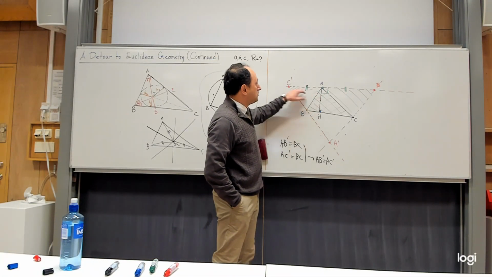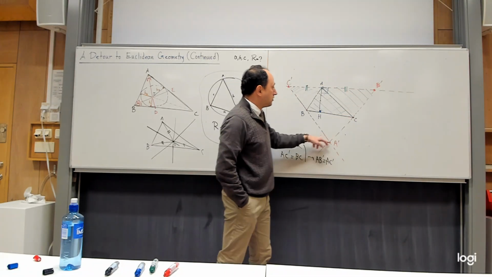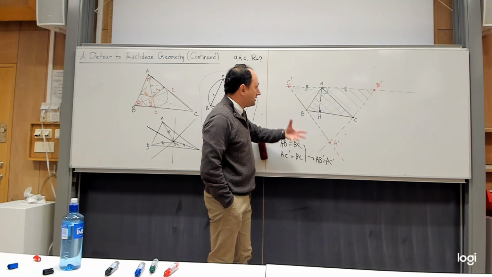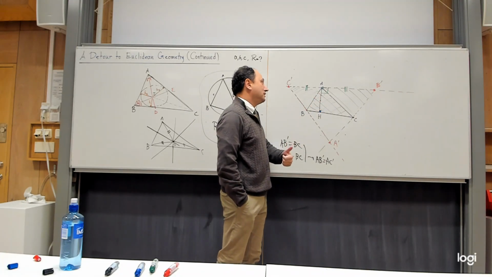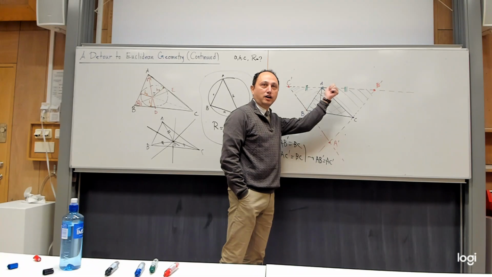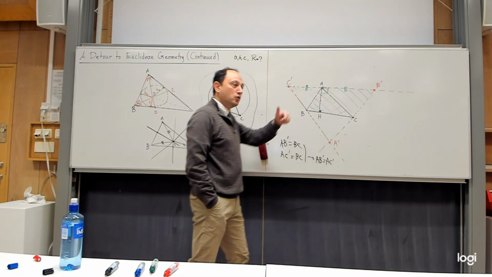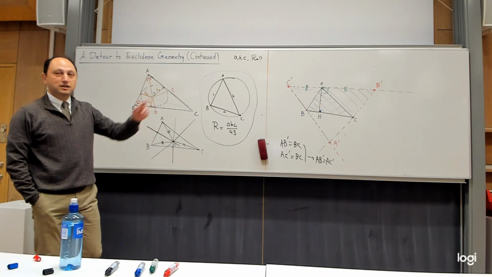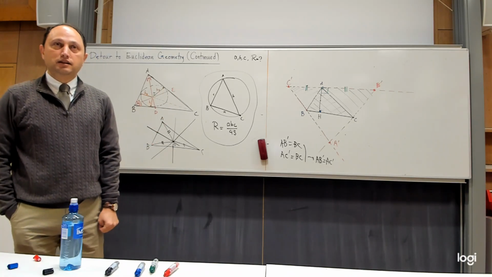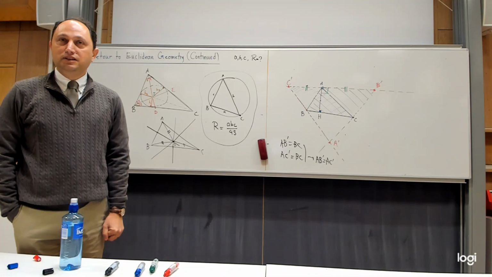So by being creative, we draw this one, and then we showed that any height of my triangle is a perpendicular bisector of the bigger triangle. And because we already showed that the perpendicular bisectors are concurrent, it means the heights are also concurrent. Is that understandable? Yes or no?